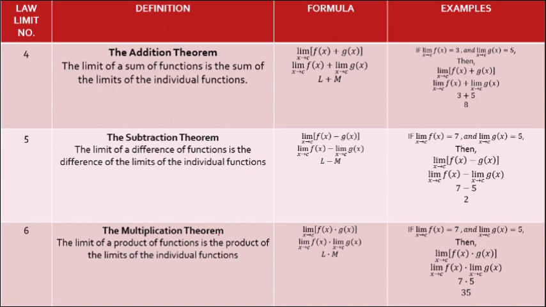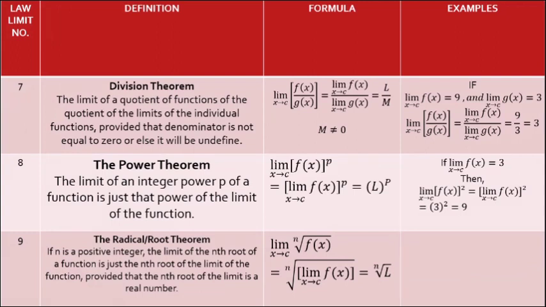Next, the multiplication theorem. That is multiplication instead of addition and subtraction. We separate them as usual. Again, the first limit is 7 and the second one is 5. So we separate them, and 7 times 5 is equal to 35. Next theorem, division. We also just separate them. Of course, M is not equal to 0, or else it will be undefined.